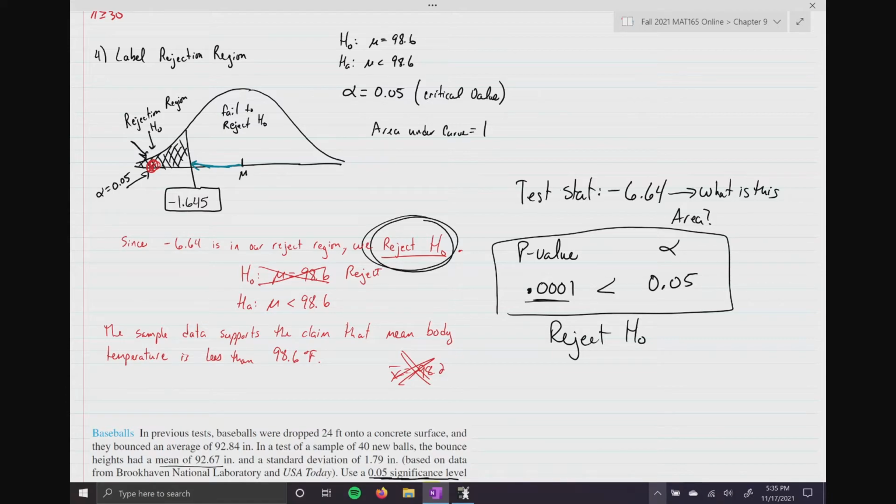The thing to remember is your values when you use technology may be a little bit different, because technology keeps all the decimal places. In chapter 10, we're going to learn the student t distribution. I don't want to go too far into it now, but that's what SALT is going to be using. So let me show you how to do this inside of SALT.